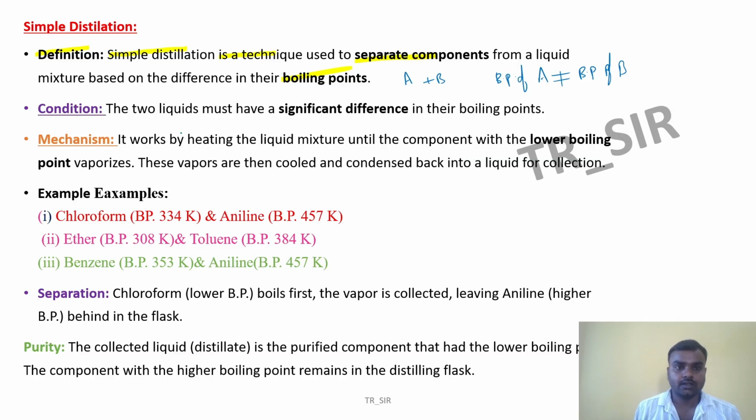The two liquids must have a significant difference in their boiling points. Suppose liquid A has a boiling point of 25 degrees Celsius, and another liquid B has a boiling point of around 70 degrees Celsius.